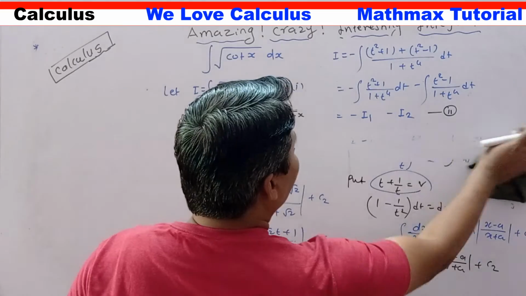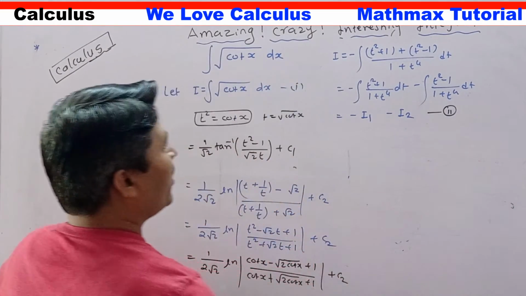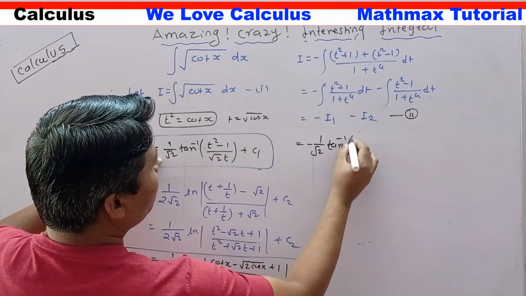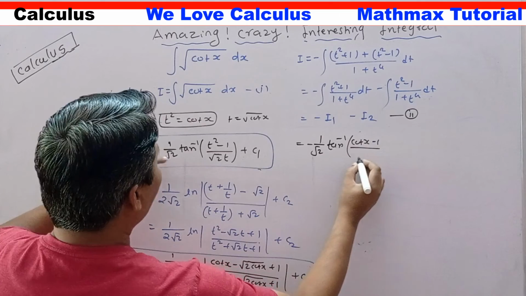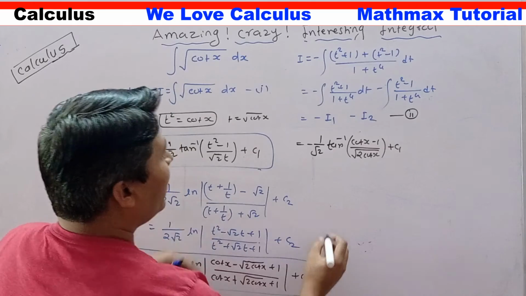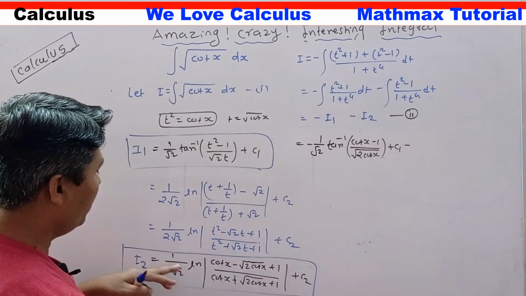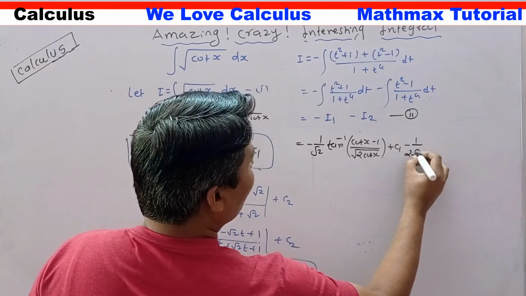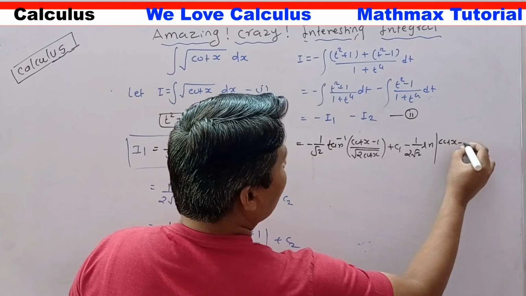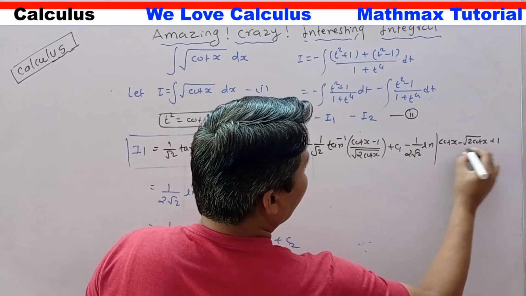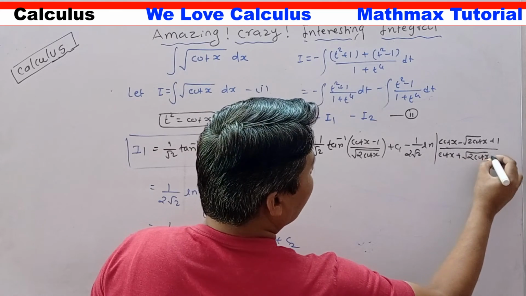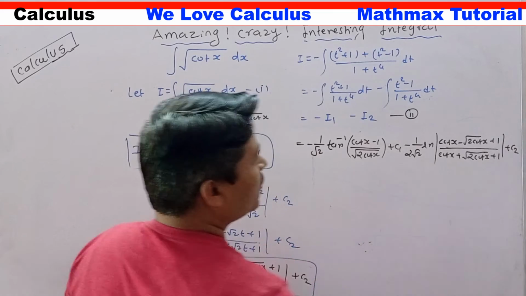Then the equation becomes, second, minus I1, that is 1 upon root 2 tan inverse of (cot x minus 1) divided by root 2 under root cot x, plus c1, and then minus I2, that is 1 upon 2 root 2 ln mod of (cot x minus root 2 under root cot x plus 1) divided by (cot x plus root 2 under root cot x plus 1), plus c2.